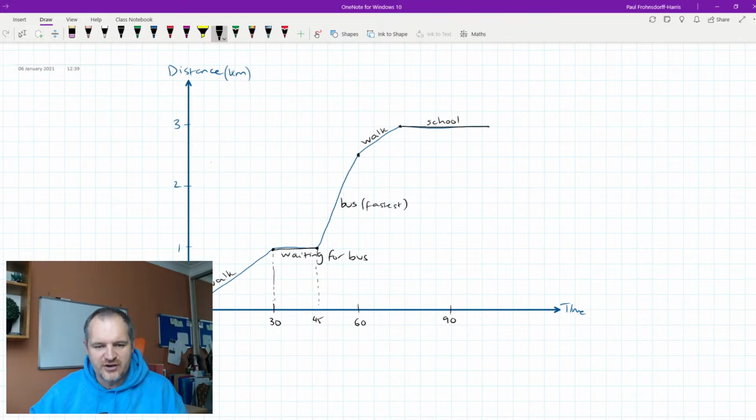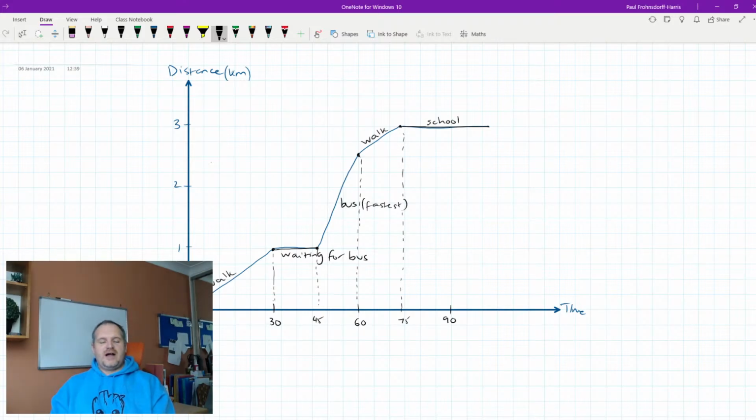And then the bus journey is another 15 minutes, because that takes us to 60. Then we walk a final 15 minutes. And then finally, we're at school after that. So you can see how this might be applied with numbers on the bottom as well. Hopefully that makes sense to you.